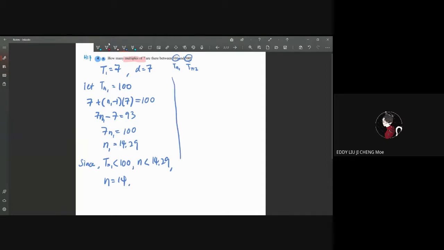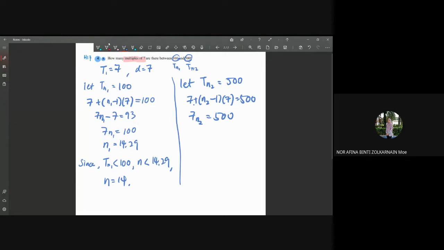This is the first one, and the second one is that Tn2 equals 500. So 7 plus (n2 minus 1)7 equals 500. So n2 equals 71.43.